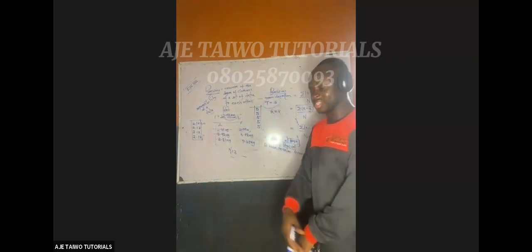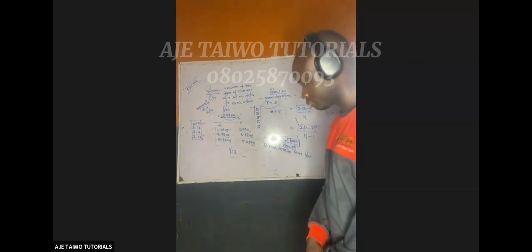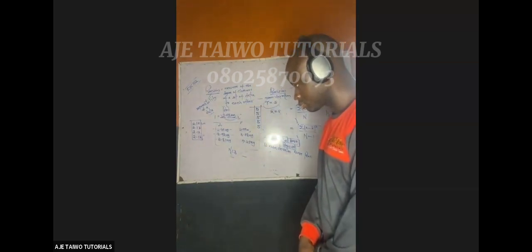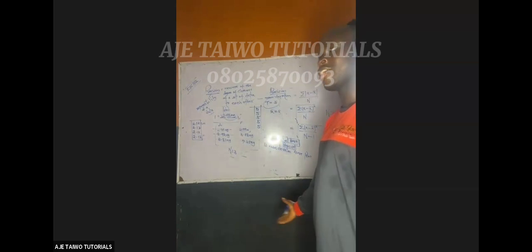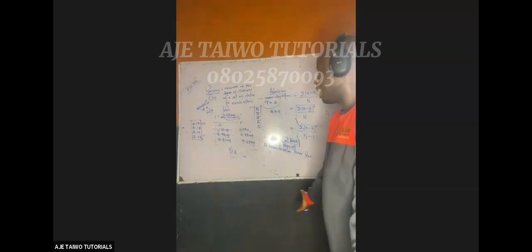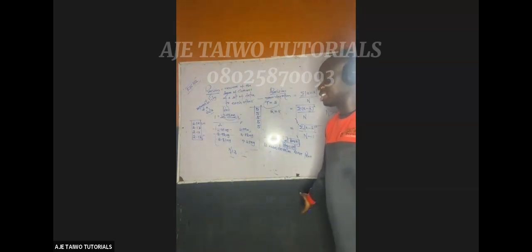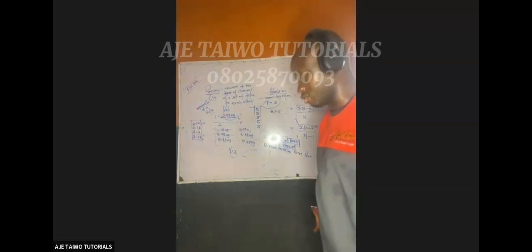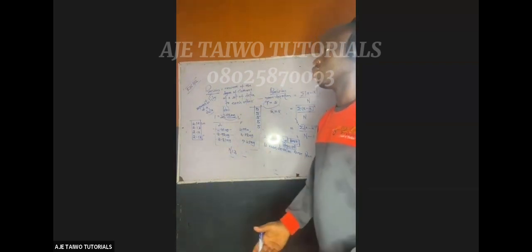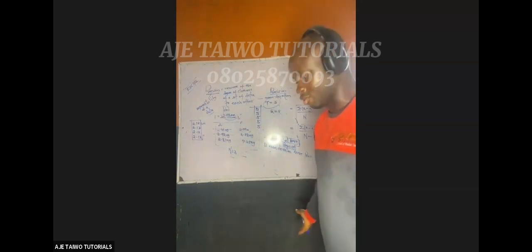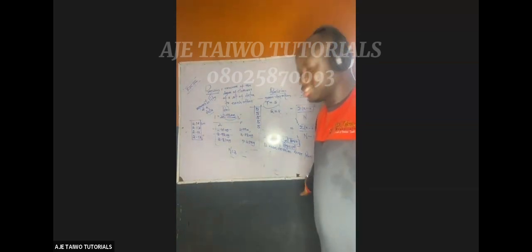Let me ask you, what is this person's absolute error? 0. There is no absolute error. What is the person's relative error? 0. What's the percentage relative error? 0.